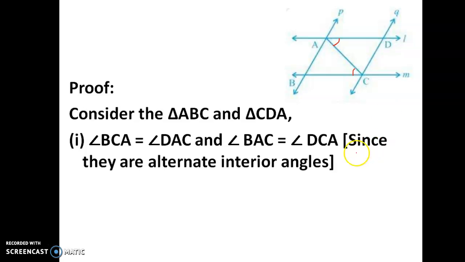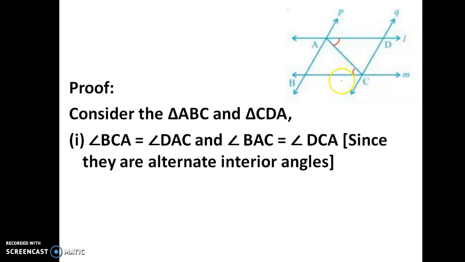Why? Because it is alternate interior angles. When can we say this as alternate interior angles? Because these two lines are parallel, and this is the transversal passing through the parallel lines. So taking this as transversal passing through the parallel lines, these two are alternate interior angles.